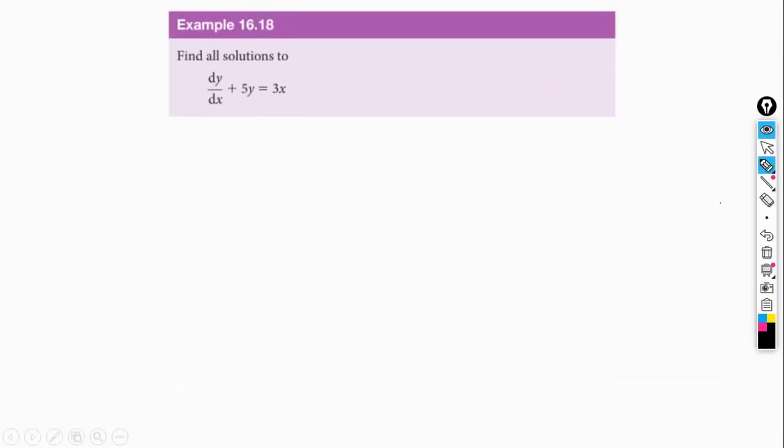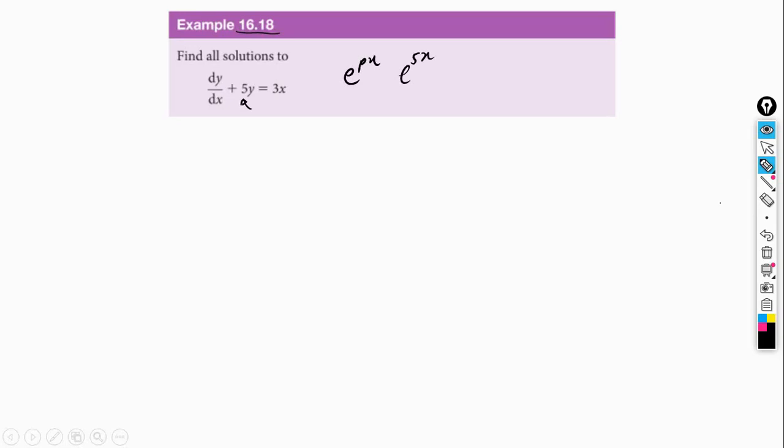So now let's take a look at example 16.18, and it says, find all the solutions to derivative of y plus 5y is equal to 3x. So let's recall that the integrating factor is of the form e to the power of p times x. So p here is 5. So the integrating factor is going to be e to the power of 5 times x.